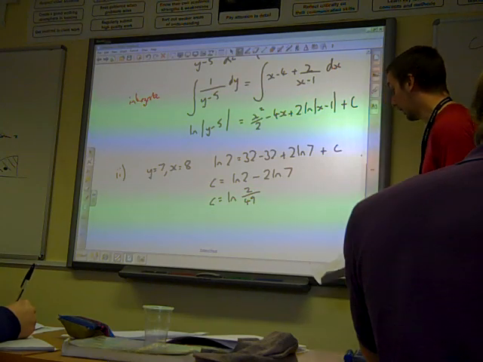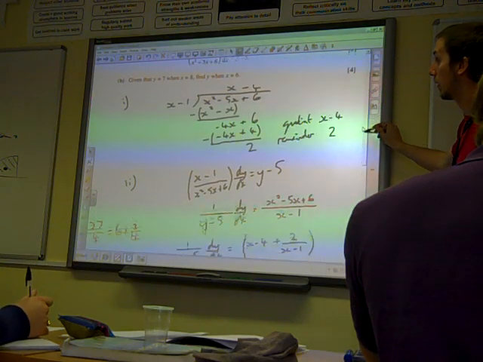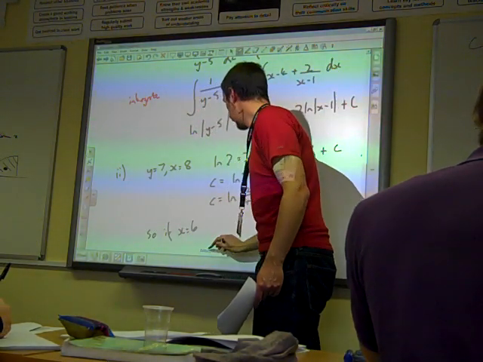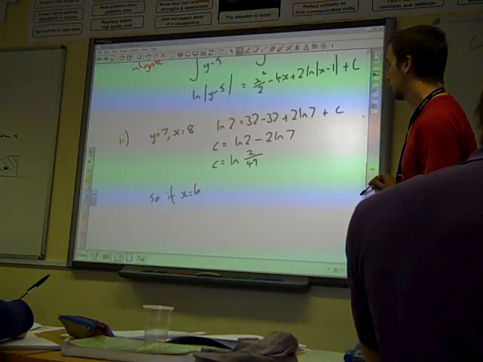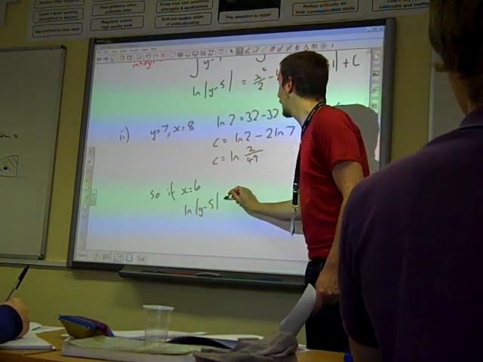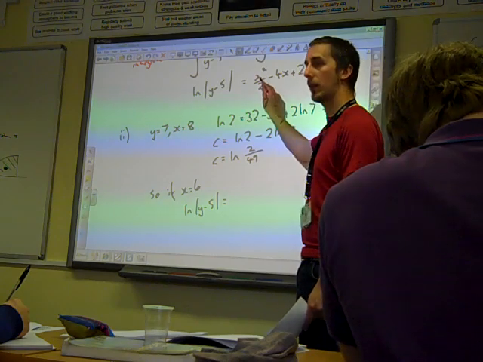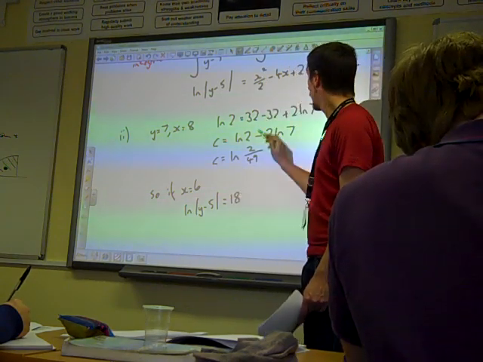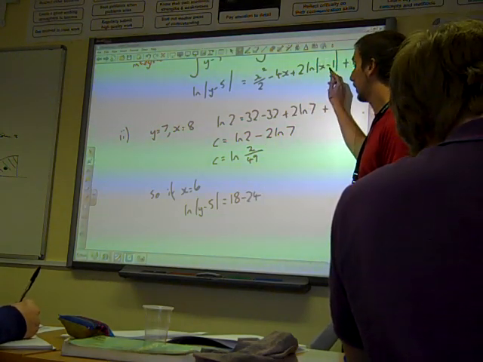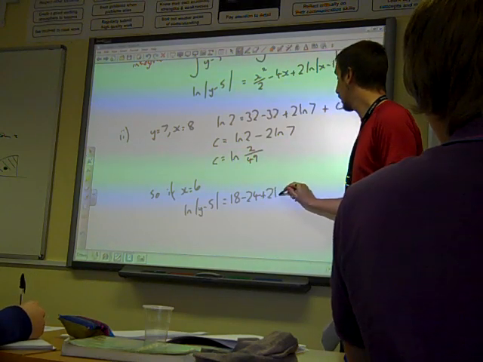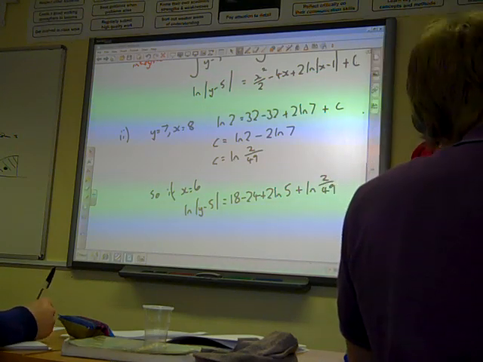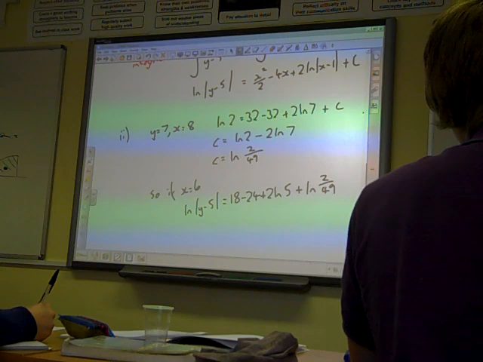And then it said find the value when x equals 6. So, if x equals 6, we've got ln of y minus 5 equals 36 over 2 minus 4 times 6, so minus 24, plus 2 ln 5 plus c, which is that.